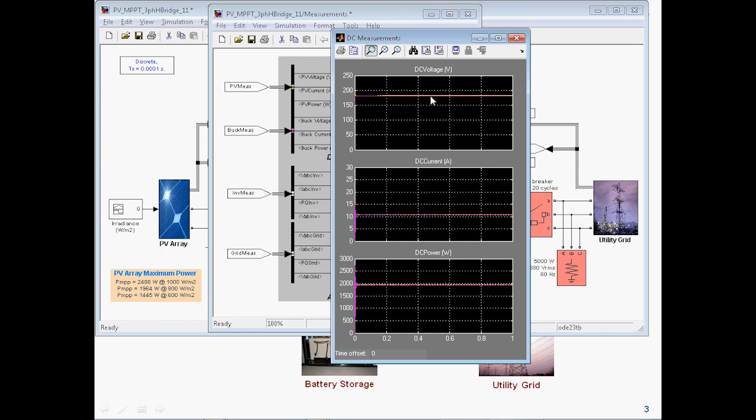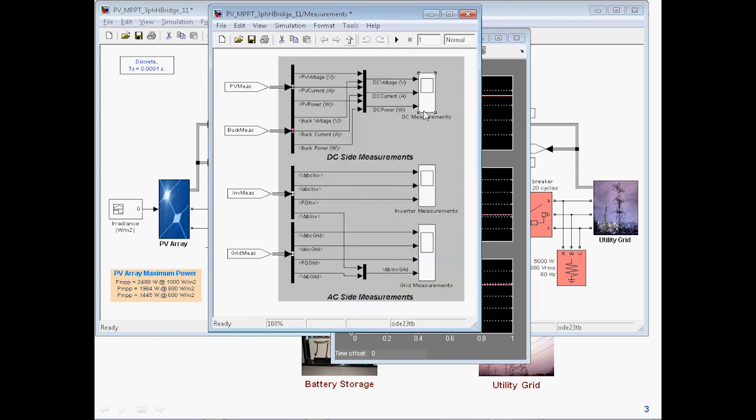The magenta line corresponds to the output of the buck converter. So I see the voltages, the currents, and finally the power. Notice that the power right now is about 2000 watts, which is the maximum power associated with an input irradiance of 800 watts. So in this test, I am keeping the irradiance constant at 800.